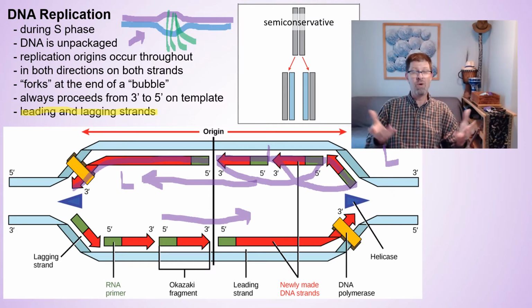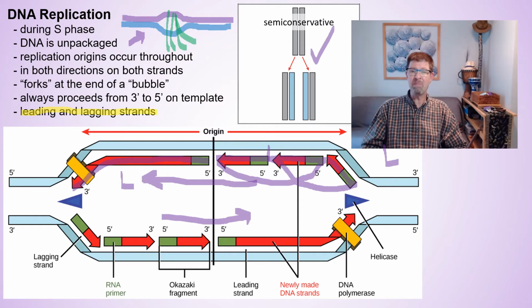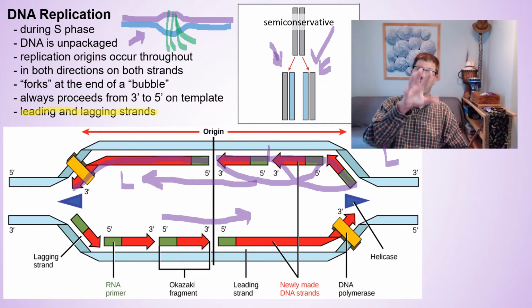Okay, so together, when we're forming these two new copies, we refer to this as semi-conservative replication. That means that we're actually making two copies at the same time, but one of the strands on each of our copies is a strand that originally existed in the first copy.